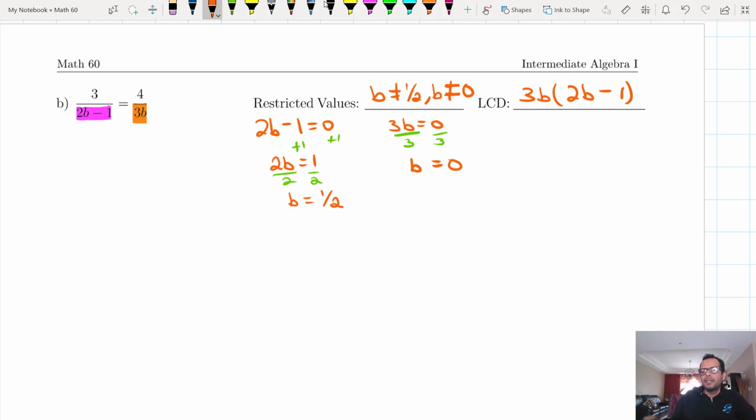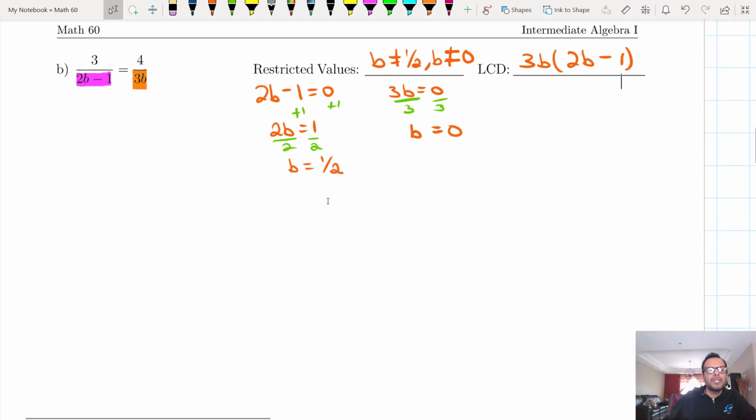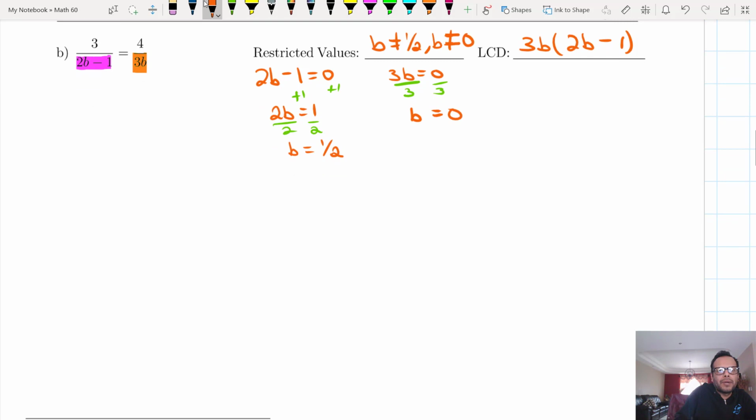I'm going to rewrite the equation with a little more space: 3 divided by 2b minus 1 equals 4 over 3b.